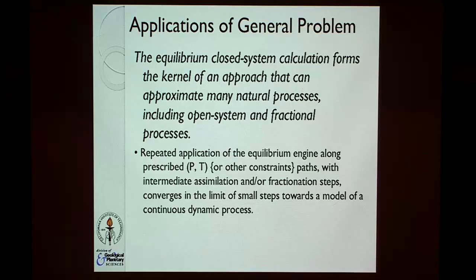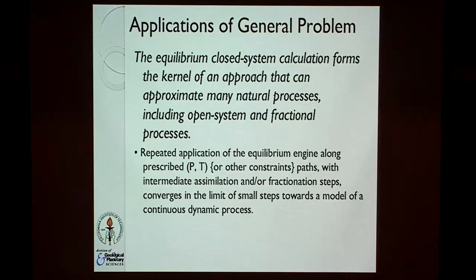When you're doing petrology or geodynamics, you're often interested in following a path through thermodynamic space. Okay? And many of those paths are not actually equilibrium paths. For example, fractional crystallization. Right? As you're cooling the system, you're making crystals, you're taking them out. Okay?